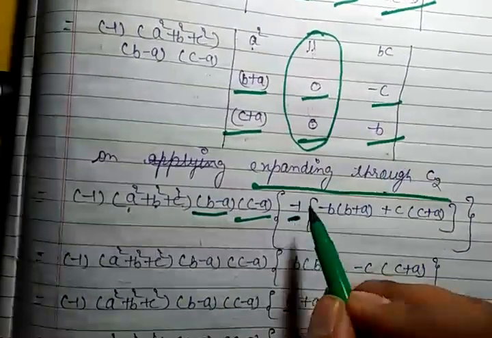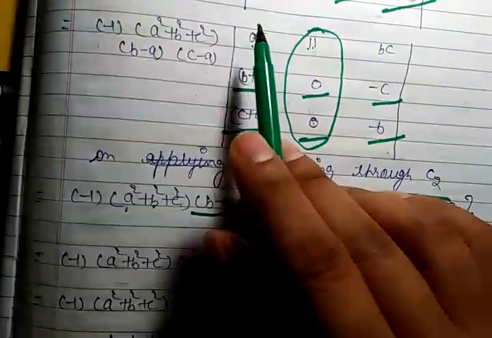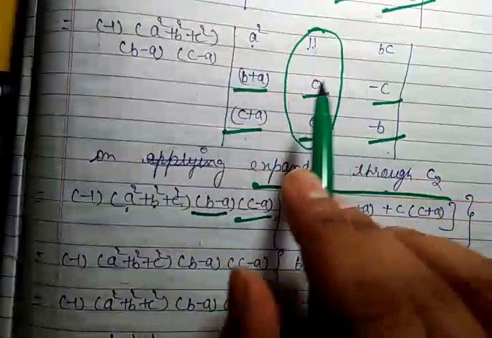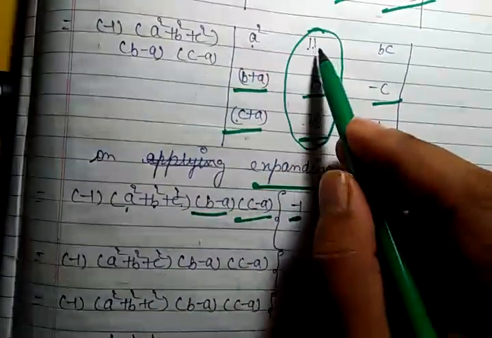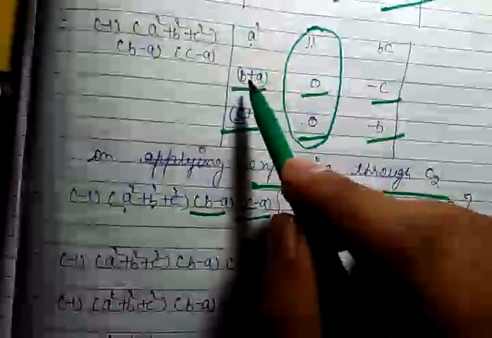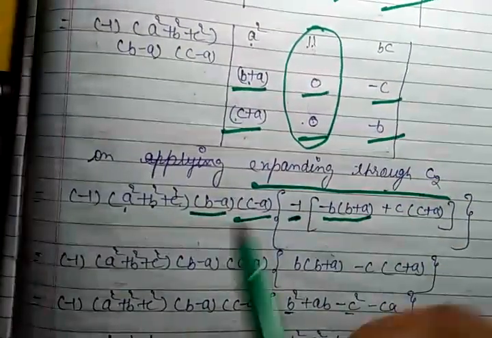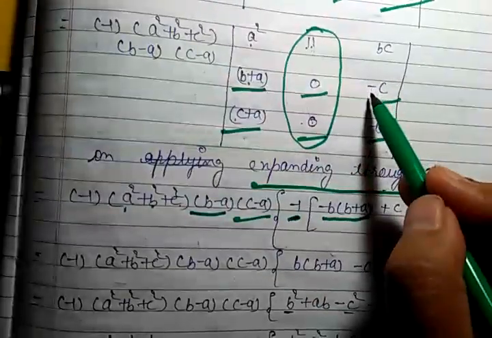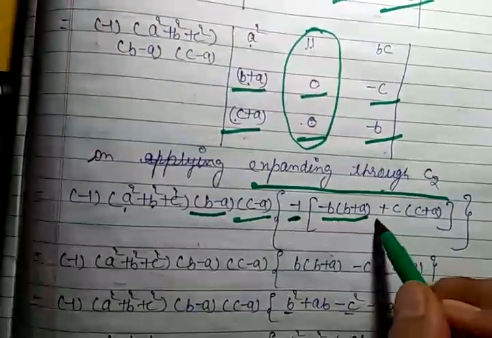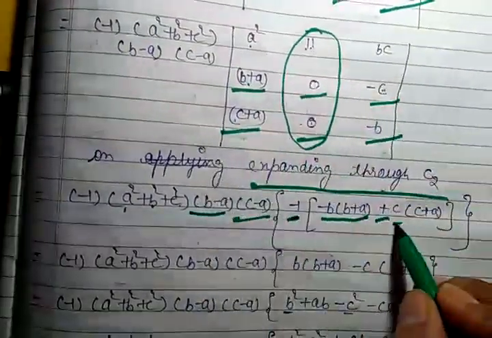We have taken this with a minus sign because we know the rule: plus minus plus, minus plus minus, plus minus plus. So we are going with this minus sign, and because we will delete these, we will get (b + a) into (−b). So we have written minus b into (b + a), and there is already a minus, so minus minus will be plus, c multiplied by (c + a).